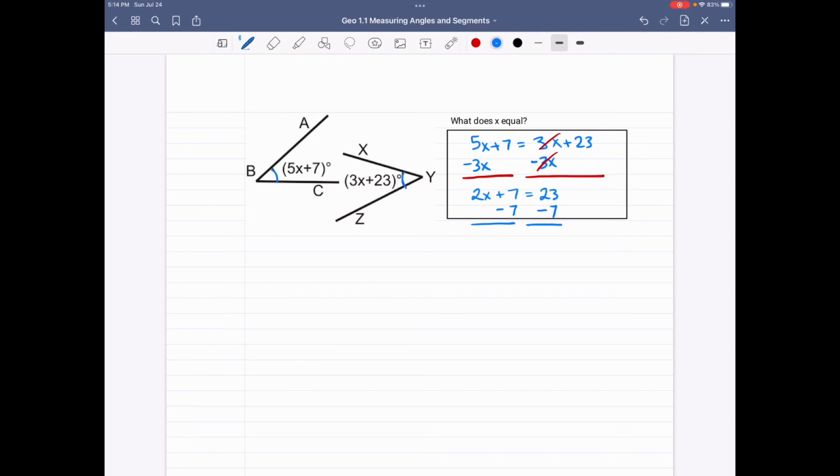The 7's cancel. So on the left side, we have 2x equals the right side, 23 minus 7. Is that 16 again? Yep. Divide by 2. The 2's cancel, leaving us with x equals 16 divided by 2 is 8.